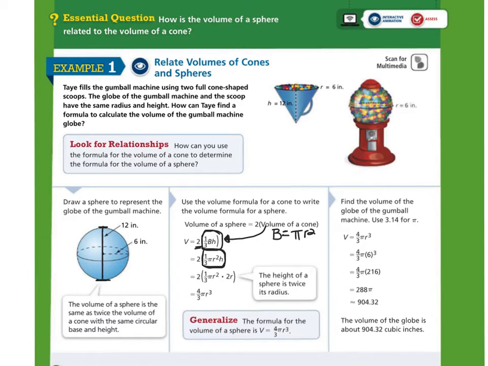So you have here a height which is actually the same thing as its diameter. It's twice the distance from the center to the top and then the center to the bottom. So in this example from the gumball machine, you have a height which is equal to 12, and the radius of that sphere is equal to 6.